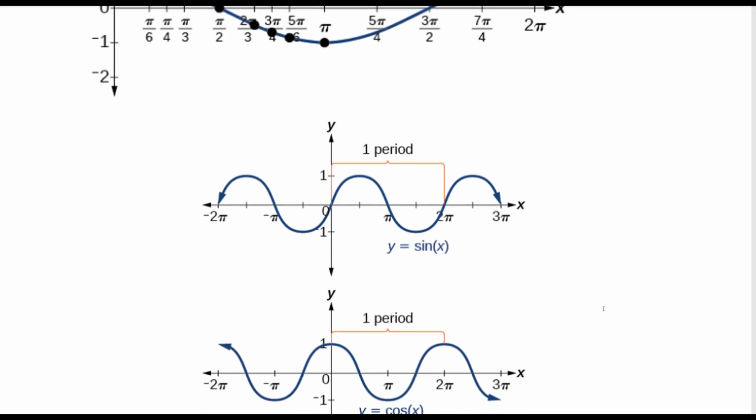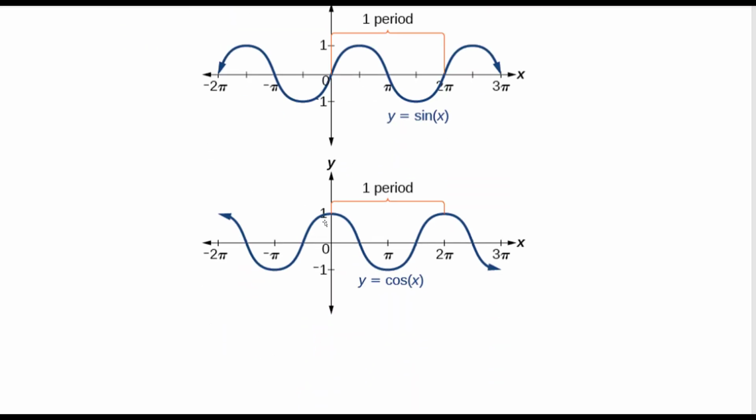One thing I want to point out on a sine, here's the typical period 0 to 2 pi, goes up to 1, comes down to negative 1, and goes back to 0. It repeats this process in either direction. For cosine, it starts at 1, goes to negative 1, and goes back up to 1. That's considered one period from 0 to 2 pi.